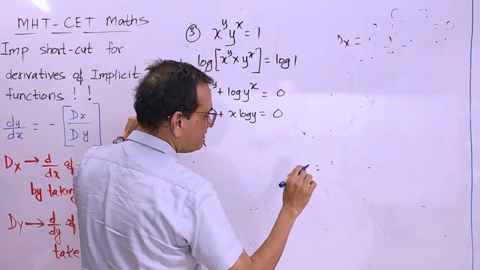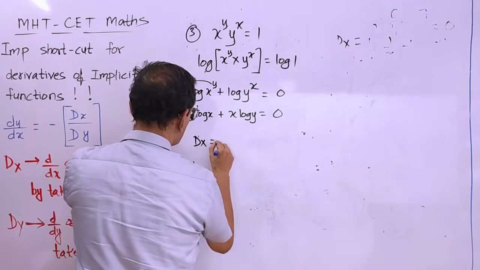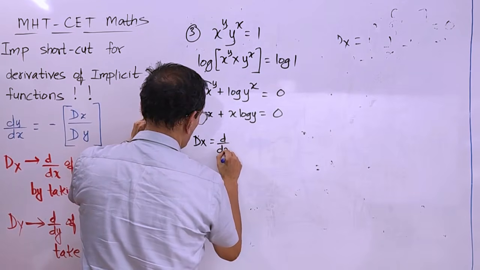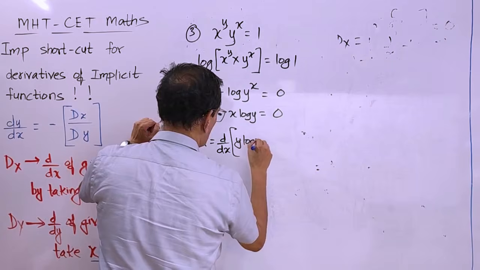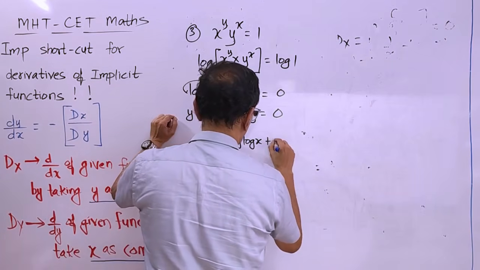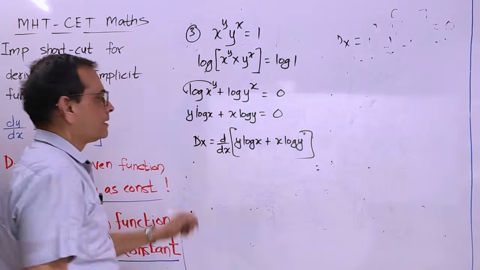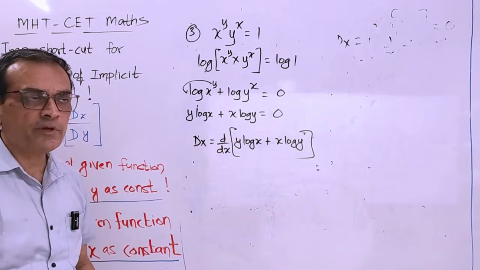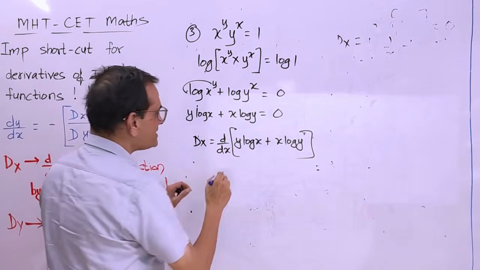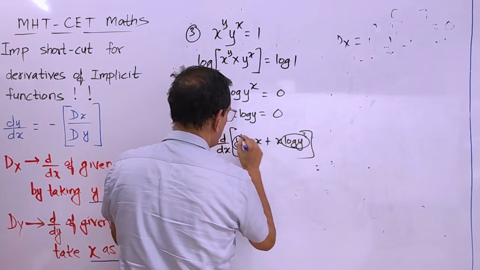To find dx, when can we find? Right hand side you should get 0. Dx means differentiate with respect to x. Differentiate with respect to x का meaning x is the variable and y is the constant. So ये constant है, log y भी constant है, c लिख रहा हूँ.